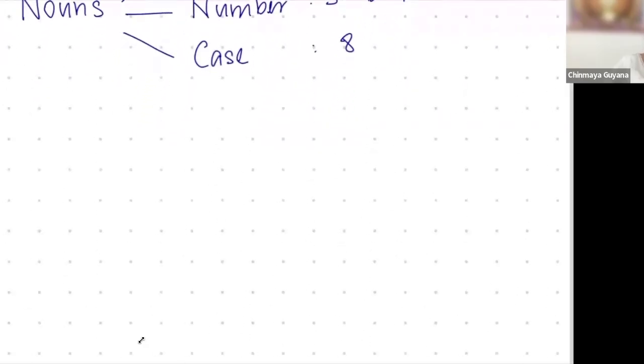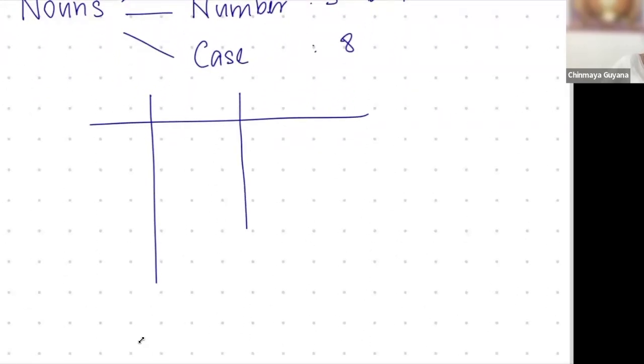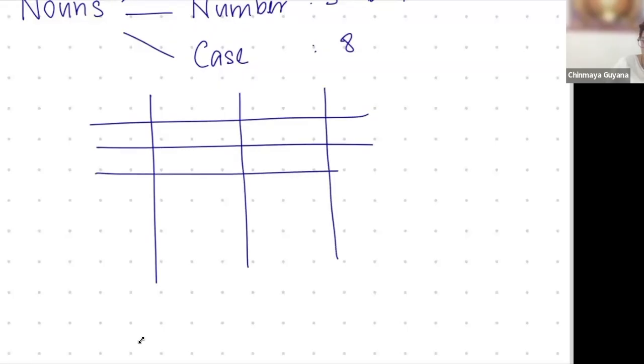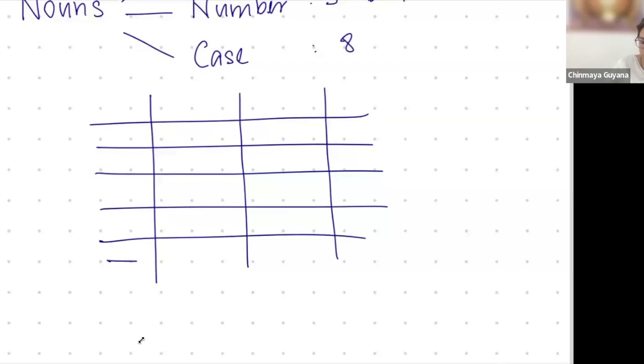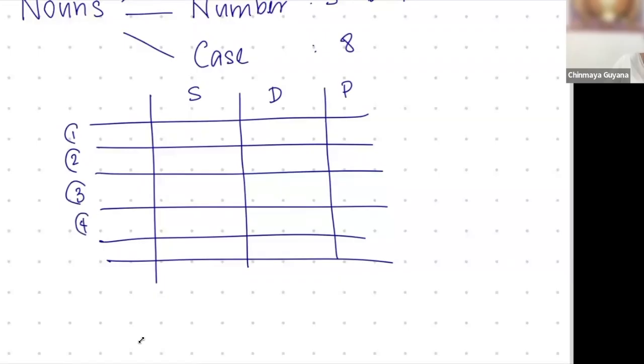What is the name of the table that has 24 sections, with singular, dual, plural at the top for each column, and it has 8 rows? What is the name of this? Someone type it in the chat for me.